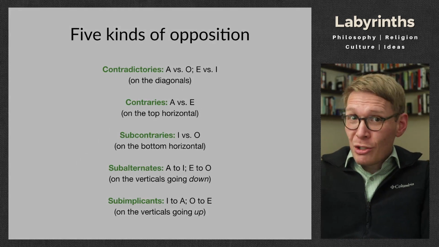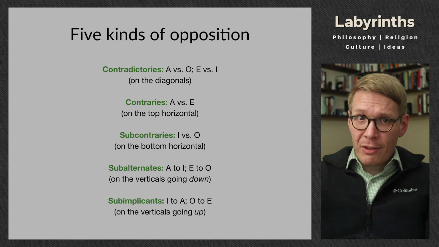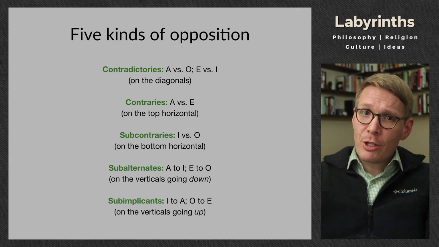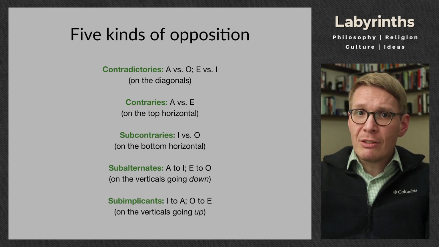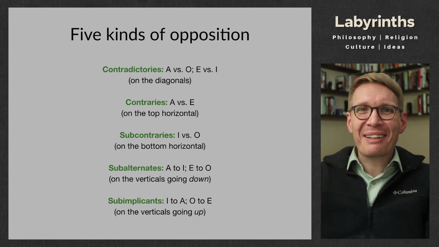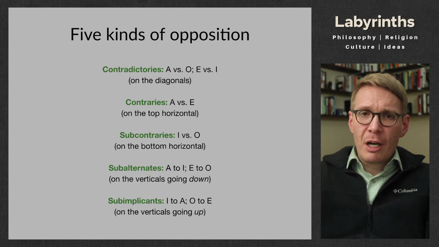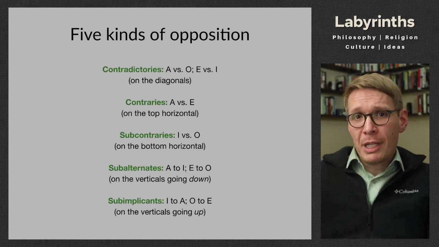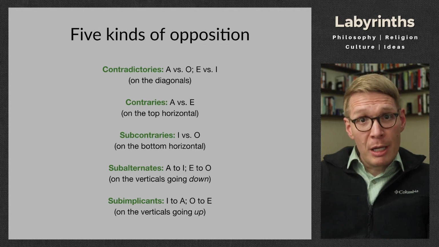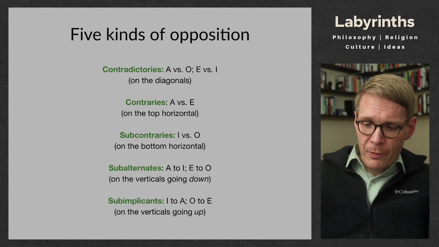So opposites is not just one thing, it's 5 things, right? There are 5 different operations you can perform, and every categorical proposition will have precisely 3 opposites. And that's the 3 directions you can go on the square from each type of proposition.